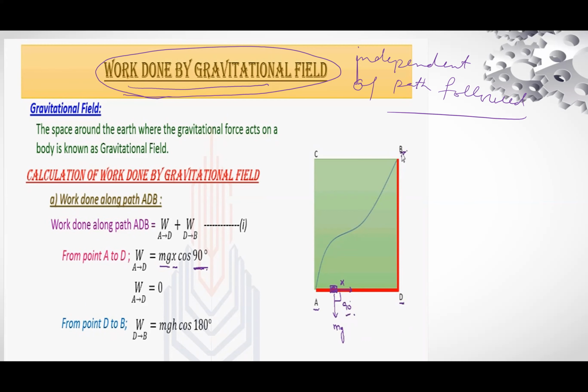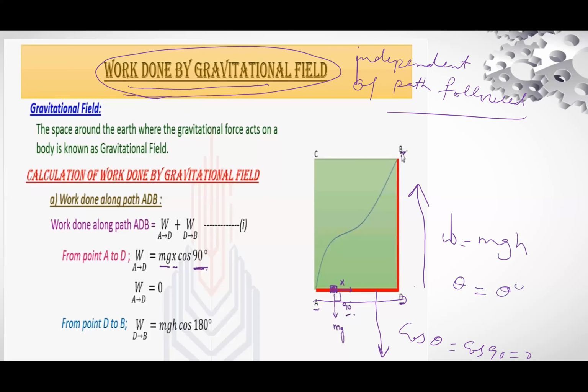So if during this journey no work is done, it is because the gravitational force is acting in this direction, and cos theta is equal to cos 90, which is equal to 0. In this case, work is mgh because theta is equal to 0 degree.